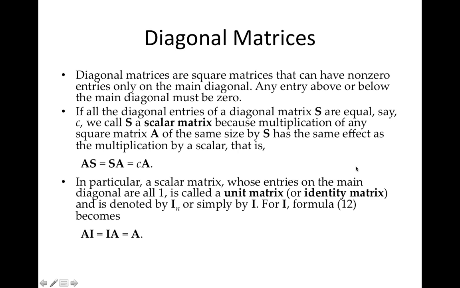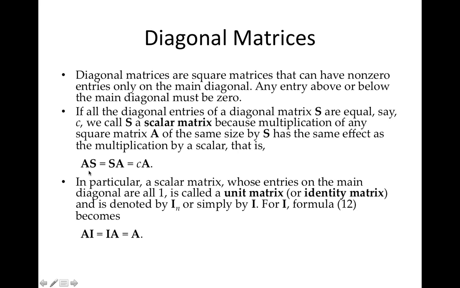A diagonal matrix is a square matrix that has only non-zero entries on the main diagonal. So any entry above or below has to be zero. So if all the diagonal entries of a diagonal matrix are equal, and let's say they're all equal to the same constant C, then we call that matrix a scalar matrix, because multiplication of any square matrix of the same size by that scalar matrix is essentially the same as multiplying that matrix by a constant.